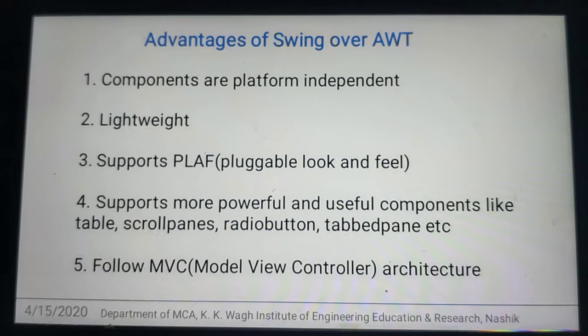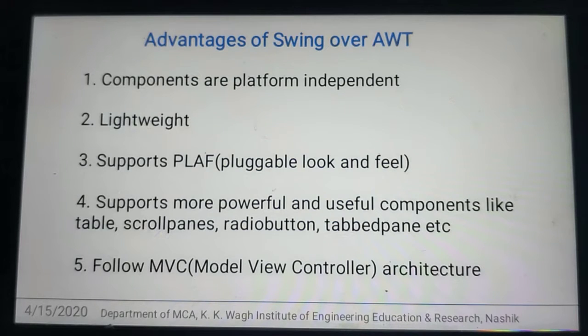I will repeat once that AWT components use the resources of the operating system. That's why they are called heavyweight components, whereas Swing components are platform independent. That's why they are called lightweight components.